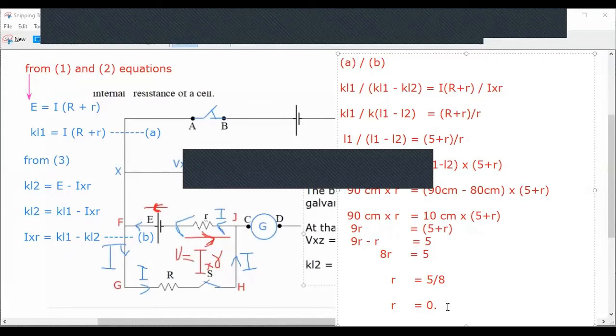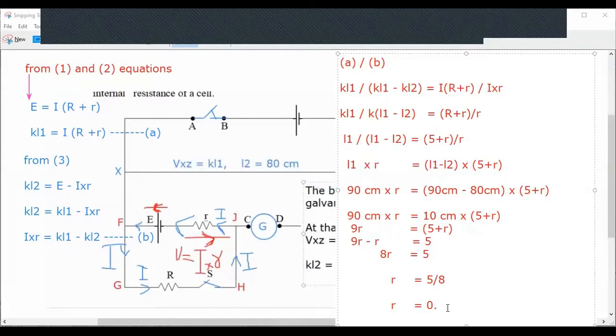If you divide this, you will get the answer as 0.625. Do not forget to write the unit ohm.